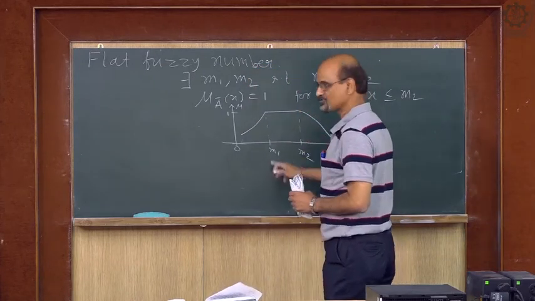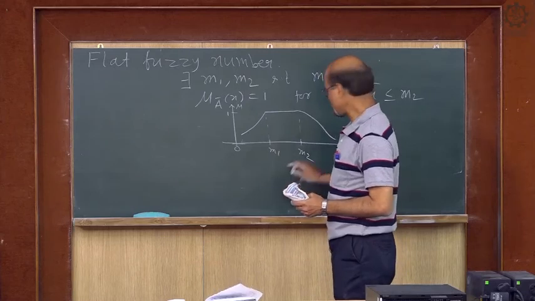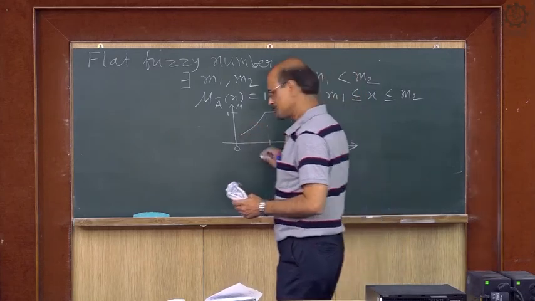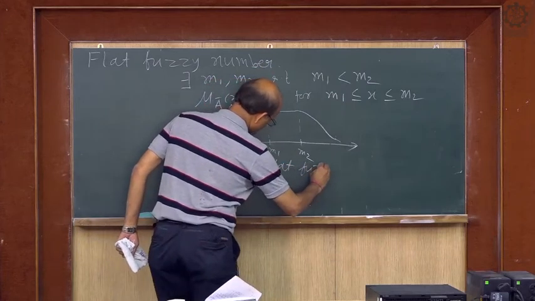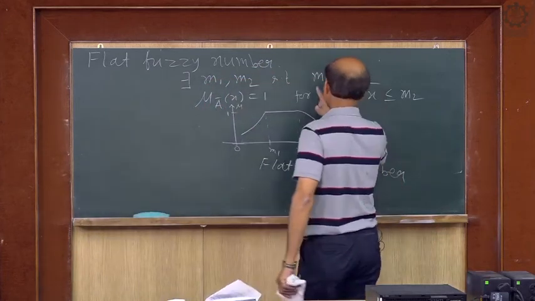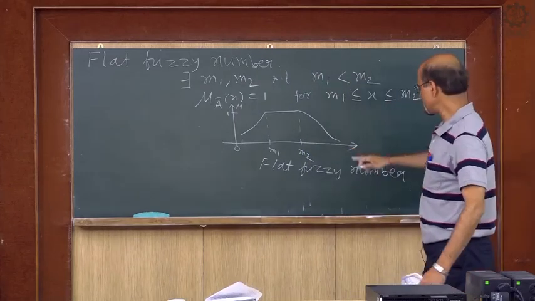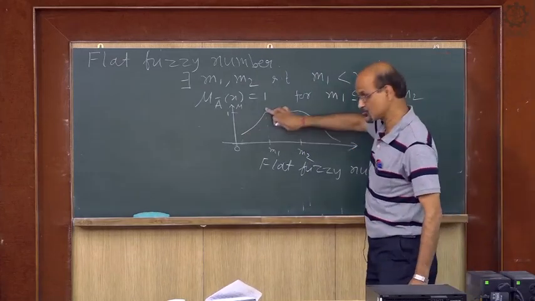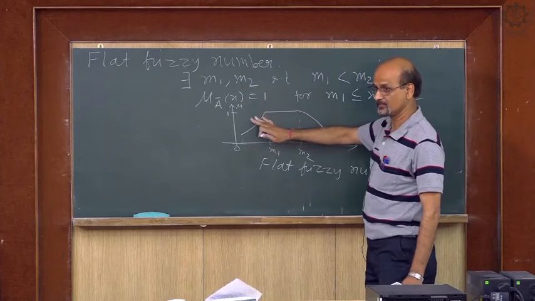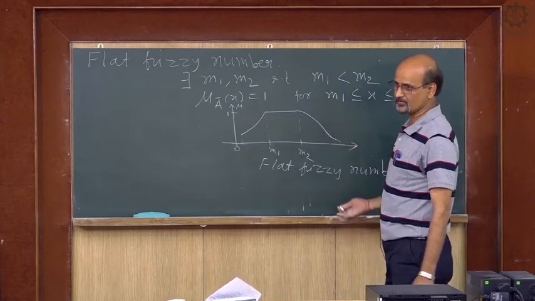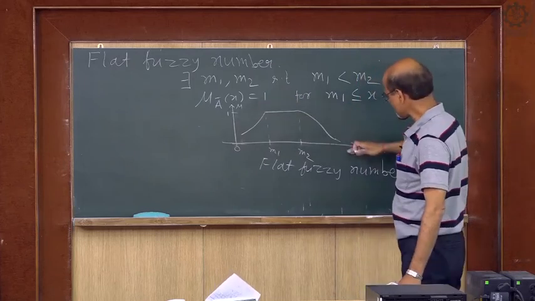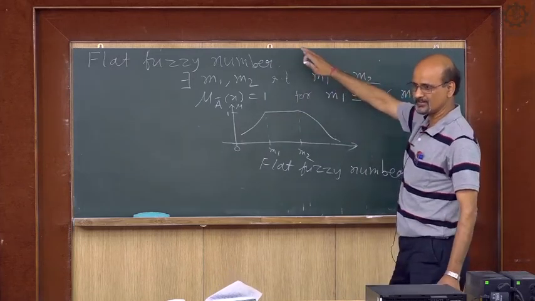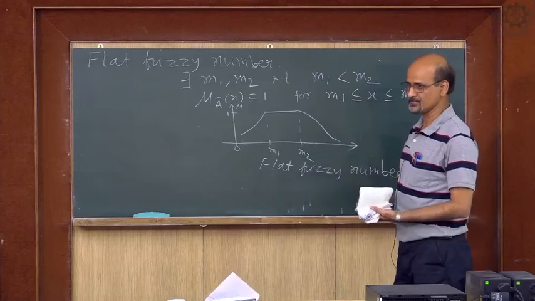Then it is called flat fuzzy number. It can touch here. It depends upon m1 and m2, whatever is given, but remember it should be a fuzzy number, convexity should be there. Otherwise it will not be a fuzzy number. But it is not a straight line actually. If it is a straight line, you get the trapezoidal fuzzy number.